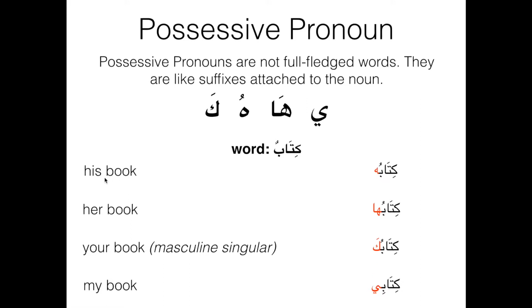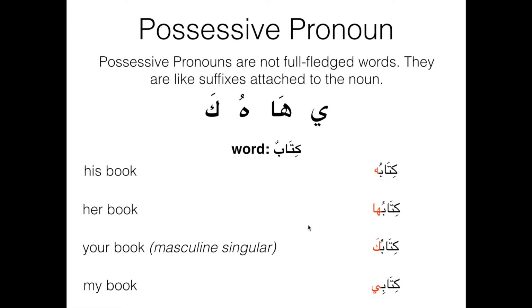Kitabuhu, his book. Kitabuha, her book. Kitabuka, see the kaf with a fatha, is for masculine singular. So you're talking to one man, one male. Kitabuka, your book.